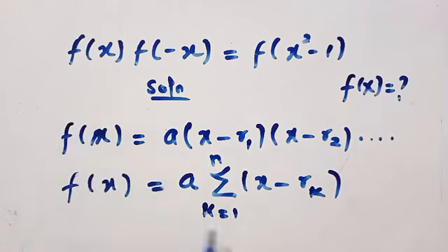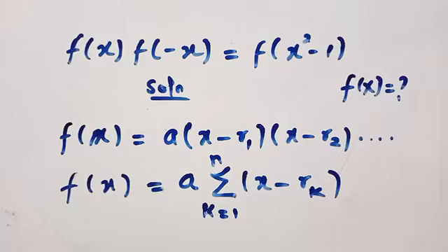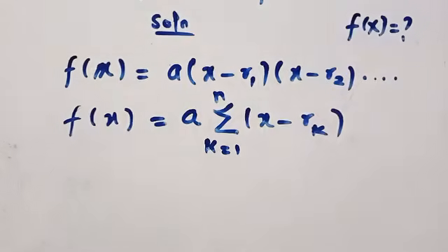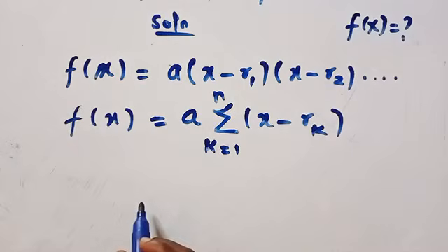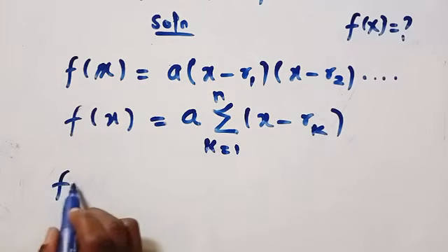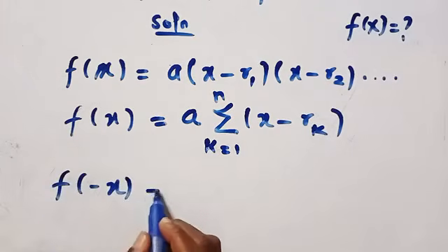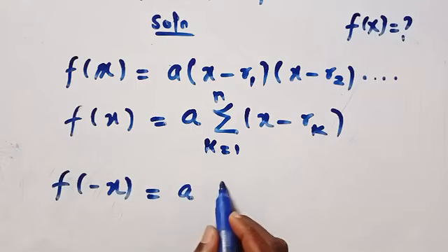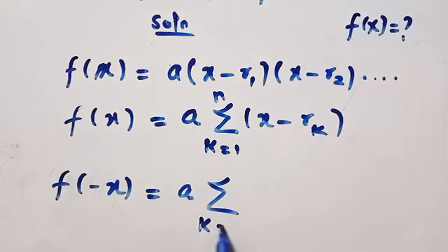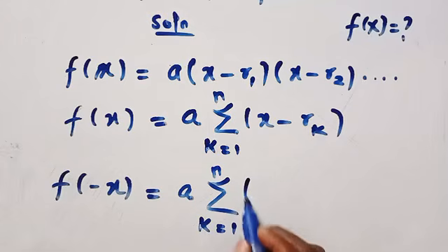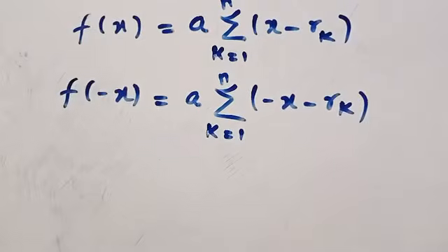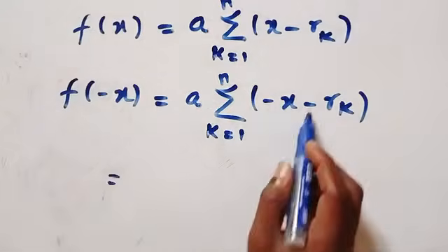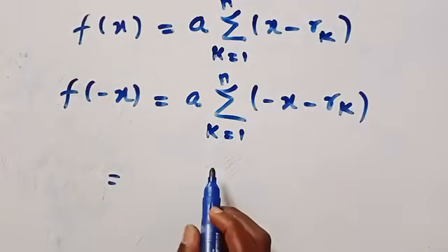So consider this as f of x, then we have to get f of minus x as well. To get f of minus x, we'll be replacing every single x with minus x. And here we have f of minus x equals a, then the product for k equals 1 to n of open bracket minus x minus rk. Next, we are going to factor this to take the negative out.